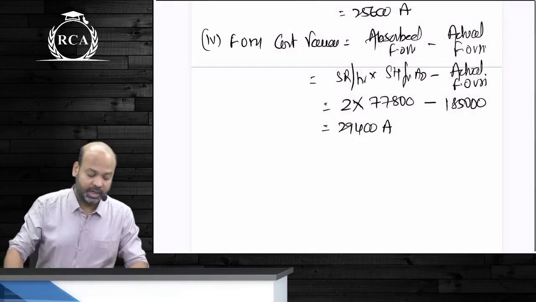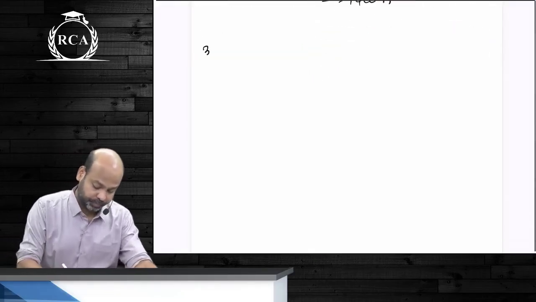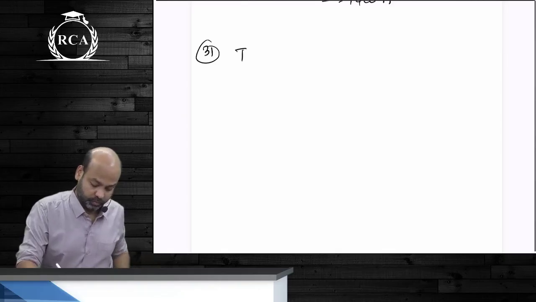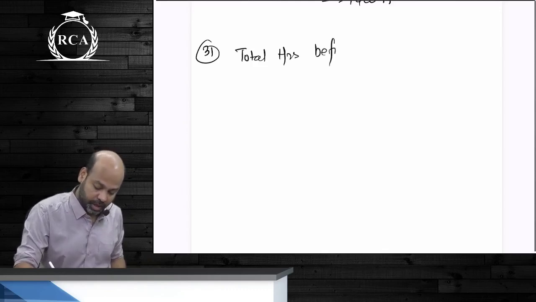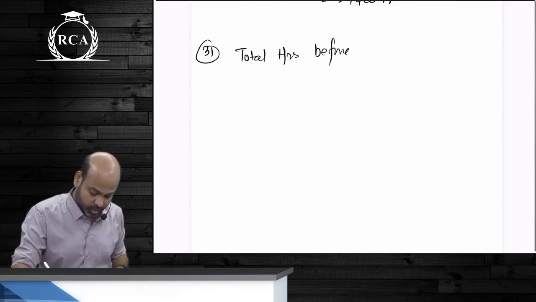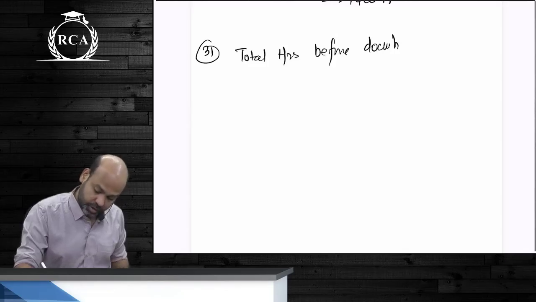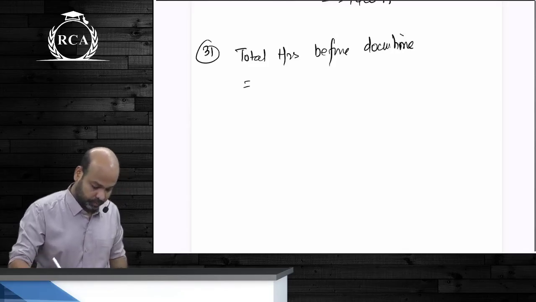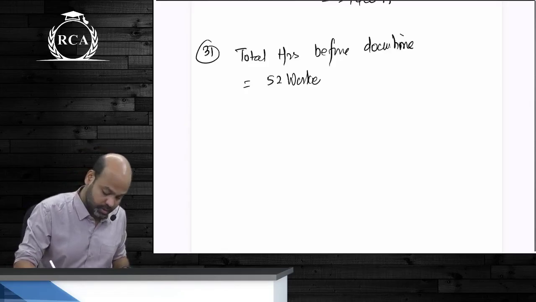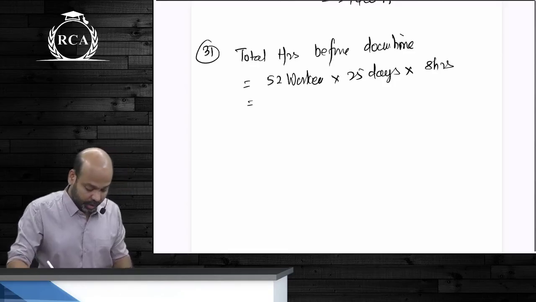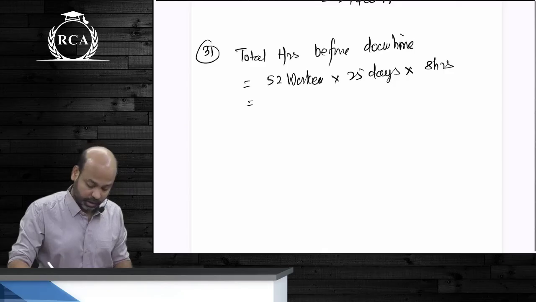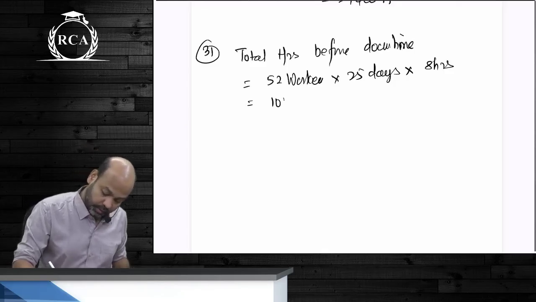So first write that clearly, beta: number of hours as per budget. Total hours before downtime. How many workers? 52 workers multiplied by 25 days multiplied by 8 hours. How much did we say, children? 10,400 hours.